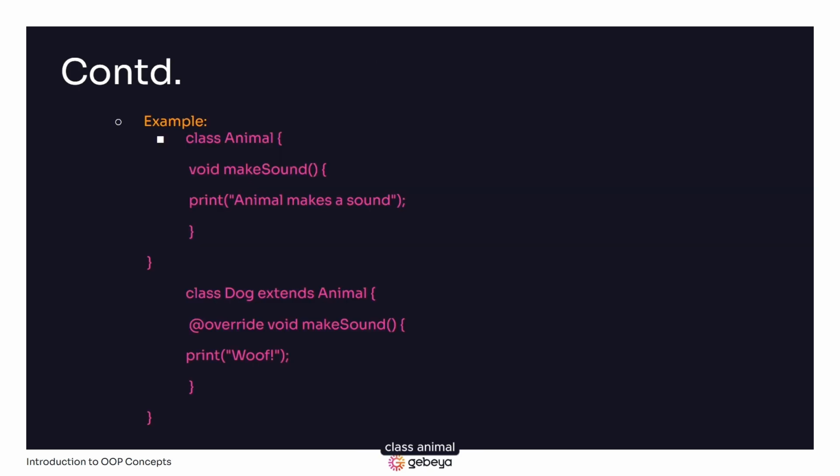Class Animal, void makeSound, print 'Animal makes a sound'. Class Dog extends Animal, @override, void makeSound, print 'Woof'. In this example, the Dog class inherits from the Animal class, but overrides the makeSound method to provide its specific implementation.